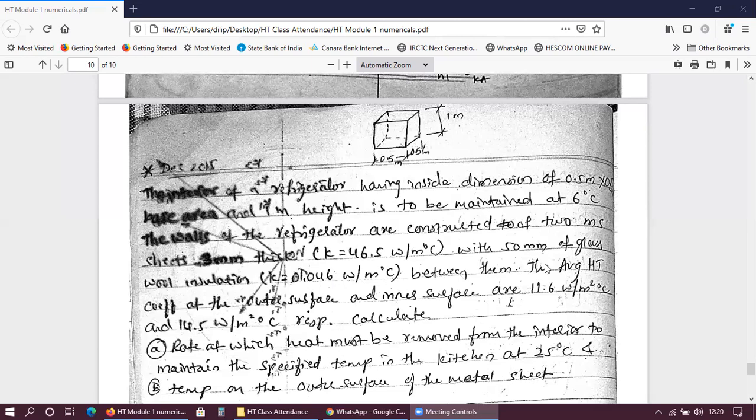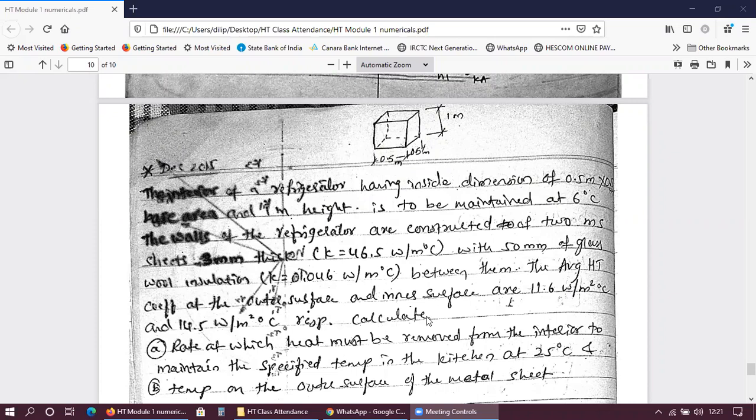The average heat transfer coefficients at the outer surface and inner surface are 11.6 watt per meter square degree Celsius and 14.5 watt per meter square degree Celsius respectively. So the H values for the outer surface and inner surface are given, right?